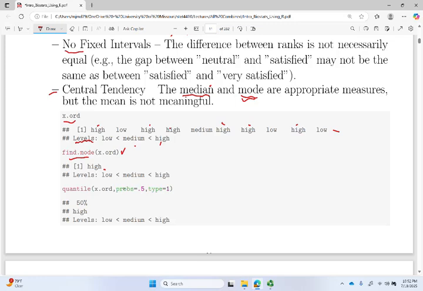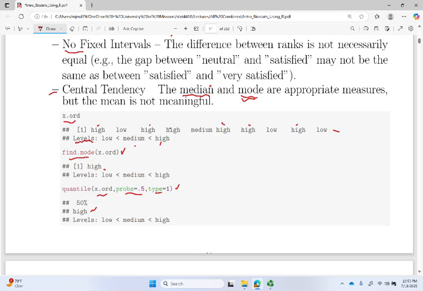Now, let's find the median. It's the value that has at least 50% above and at least 50% below. So we're putting in our data. We want to find the 0.5 percentile, which is the median.